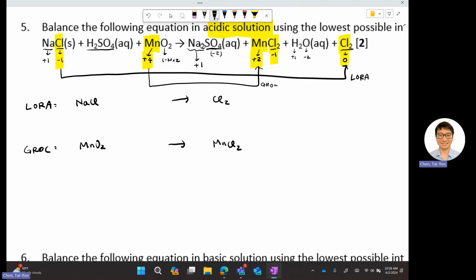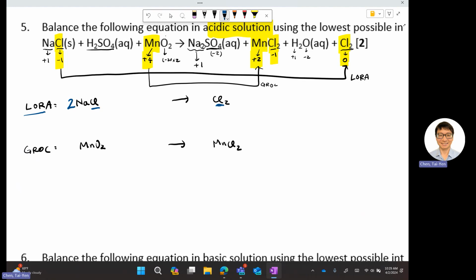Then we want to balance each individual half reaction first. If you look at your LEO, Cl2 is your center atom, so balance that first. You have 2 Cl on the right hand side, therefore you multiply by 2 on your left hand side. You balance that center target atom first.